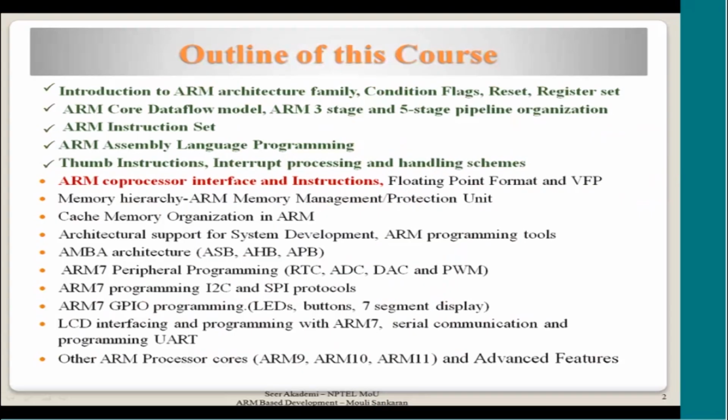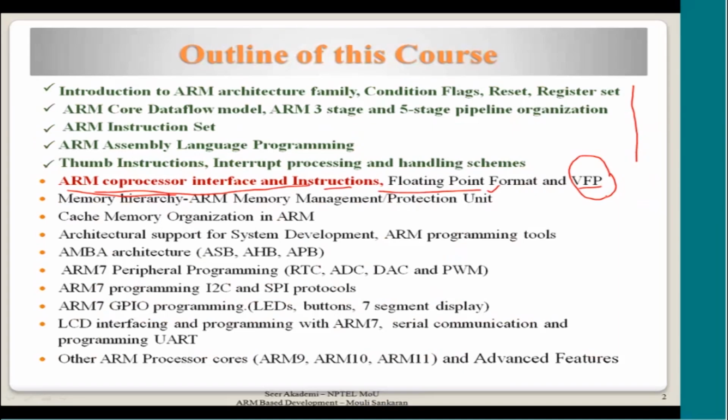In this lecture we will talk about the ARM coprocessor interface. In the next lecture I will talk about the instructions related to the coprocessor. Then I will explain the floating point format, followed by a lecture on what is inside a vector floating point processor.